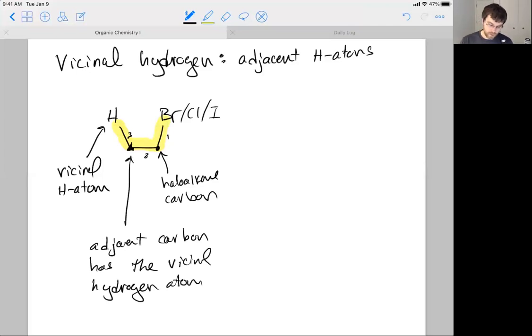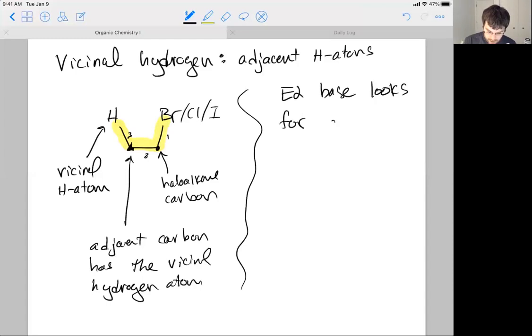So what we can do is just recognize that the E2 base looks for and removes, and the process of removing this is deprotonation. It's just the chemical reaction where a base removes an acidic hydrogen.